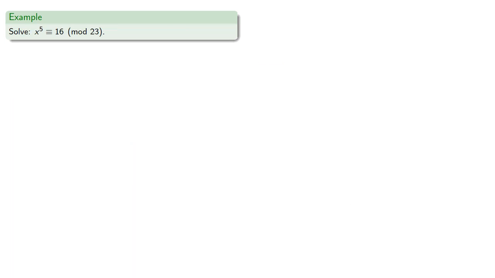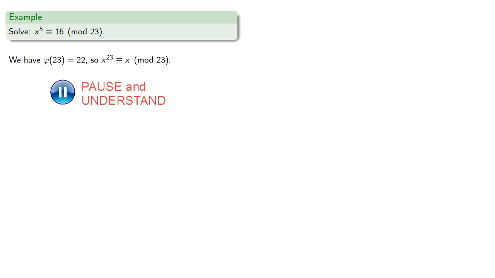Let's try that for x to the fifth congruent to 16 mod 23. We have phi of 23, well that's prime, so that'll be 22. So x to the 23rd is congruent to x. But we can't raise x to the fifth to a power to get x to the 23rd.